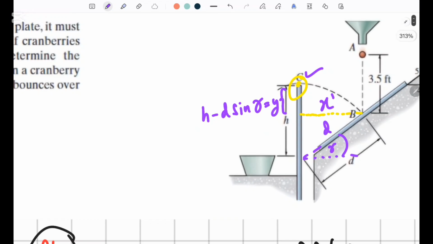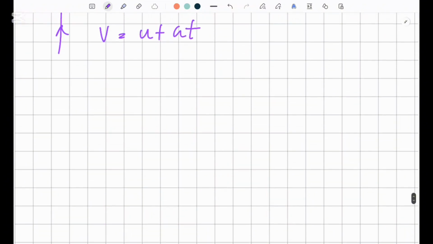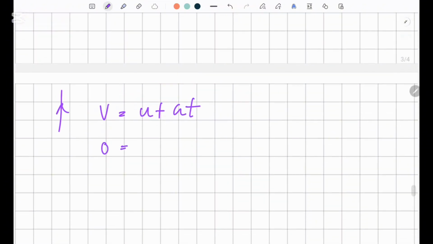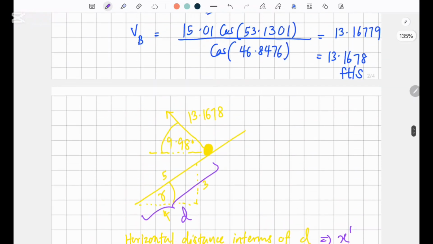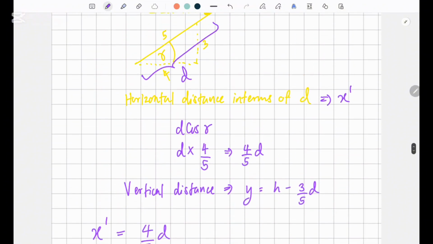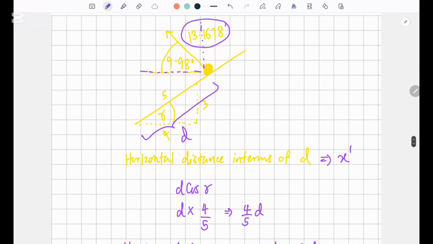At the highest point, vertical velocity is 0. So then you'll have vertical velocity 0 equals 13.1678 sine 9.98, where you have to resolve it now. Previously we resolved it onto this direction, now we are resolving it onto the vertical direction.